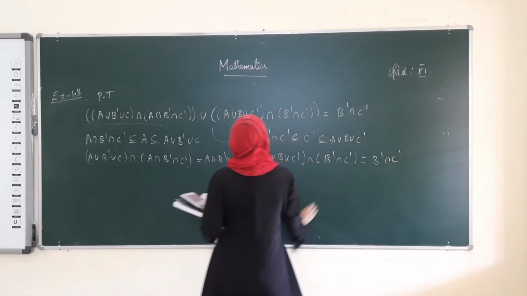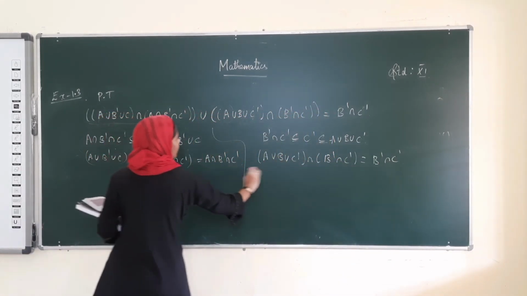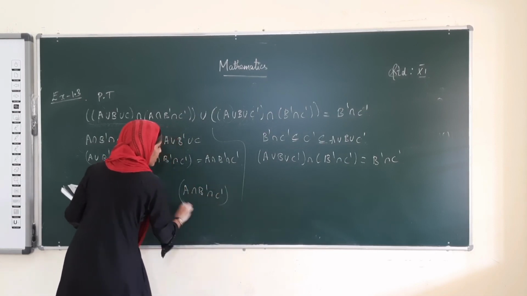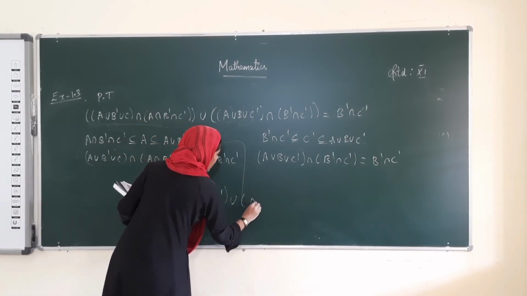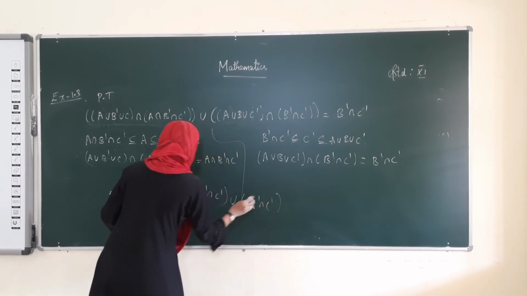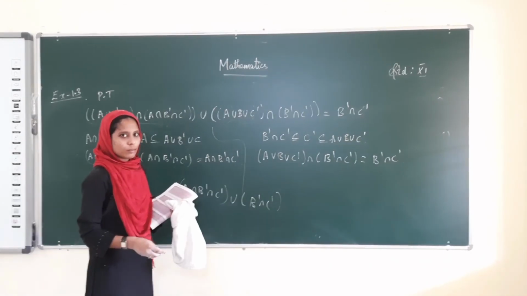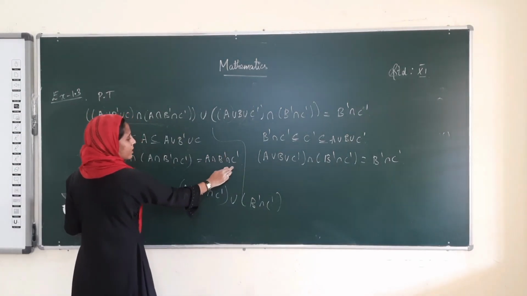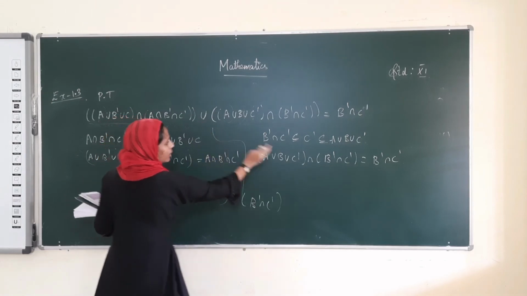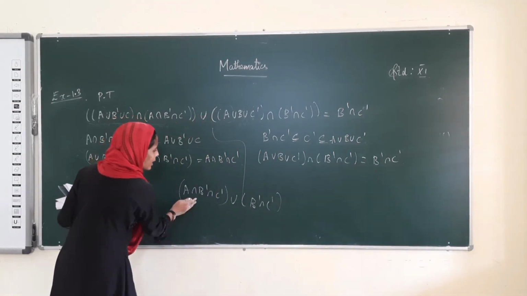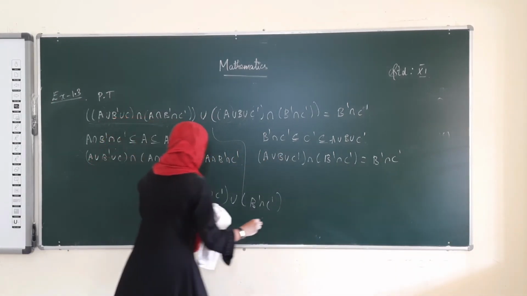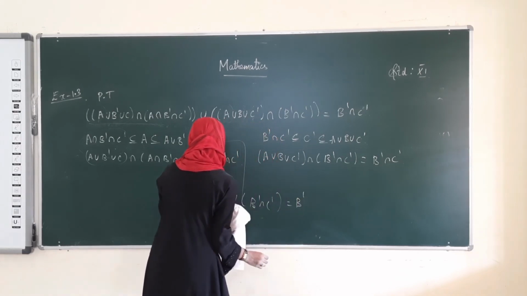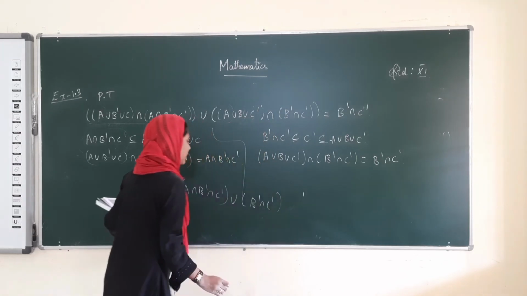Now combine this term and this term, that is A intersection B dash intersection C dash union B dash intersection C dash. Okay, the answer of this is A intersection B dash intersection C dash union this one, B dash intersection C dash. When we take this as union, what we get is the remaining term. See, we have to take this as a union.